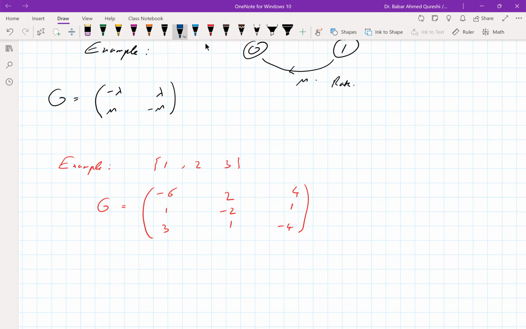Now from here, I have lambda 1. I can compute the holding times because each of these is just this.